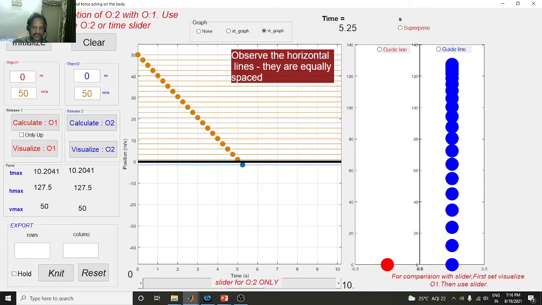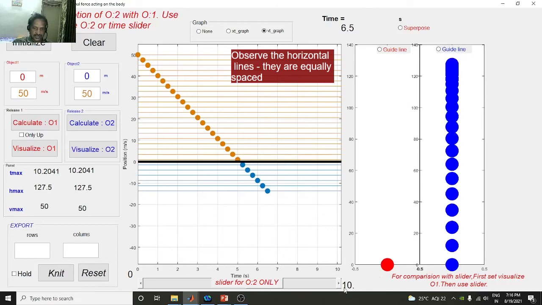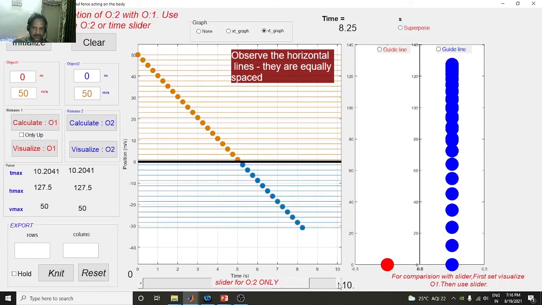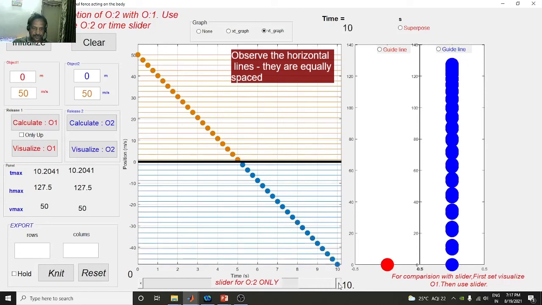Now the color has changed, indicating that it is coming down. Since it is coming down, the velocity is negative. Let's look at another case, 60 meter per second.